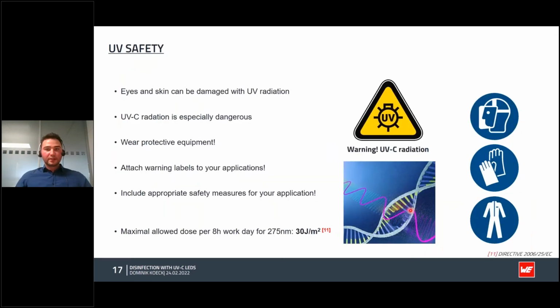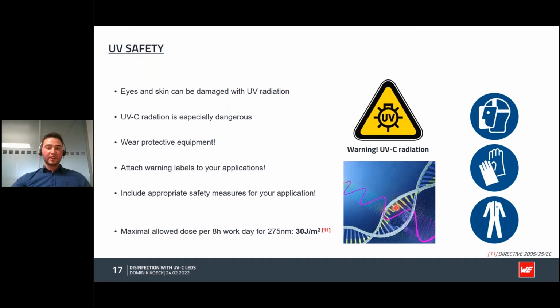Next, let me talk a little bit about UVC safety. As mentioned earlier, UVC light is able to damage part of your DNA. This is a huge problem because these kinds of damage can stay for quite a while, and basically accumulate over time.